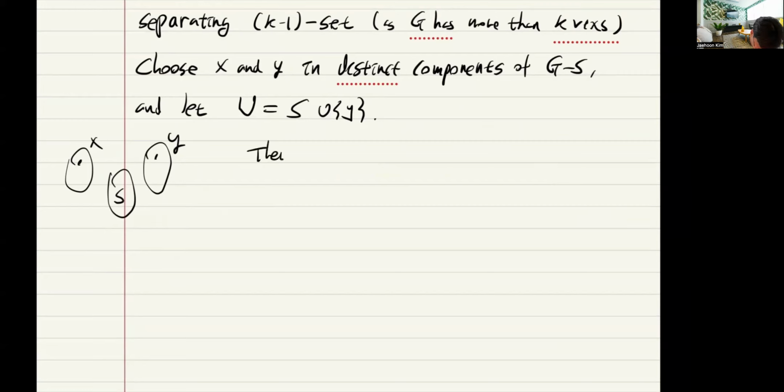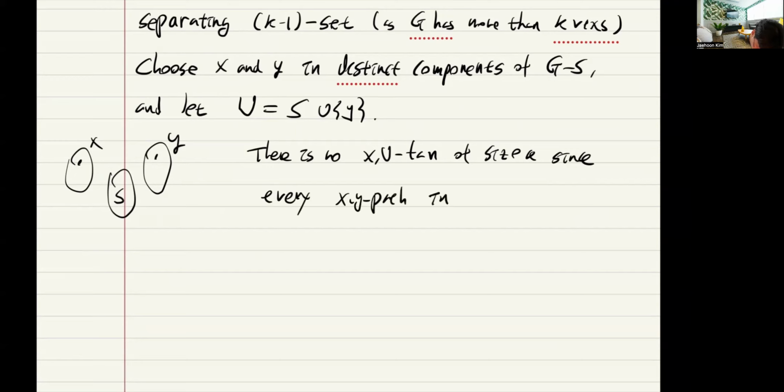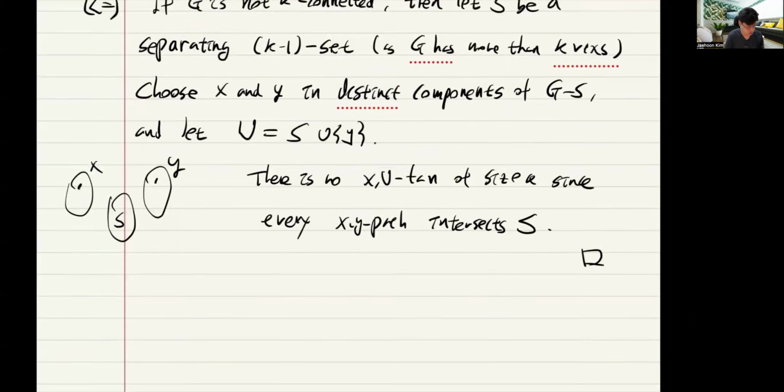There is no XU fan of size k since every XY path intersects U. So this proves the other direction.